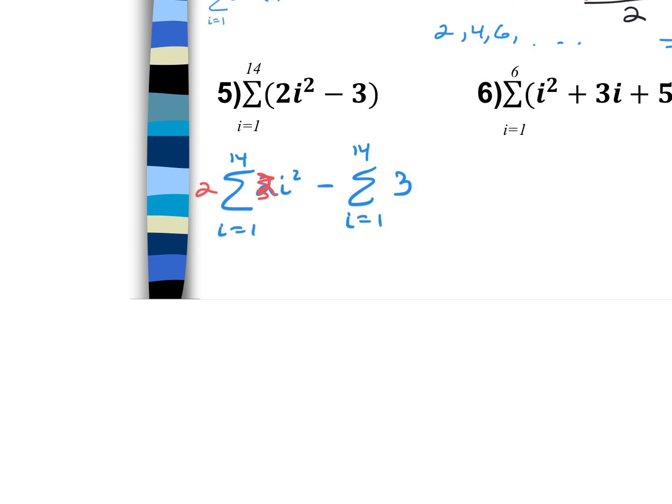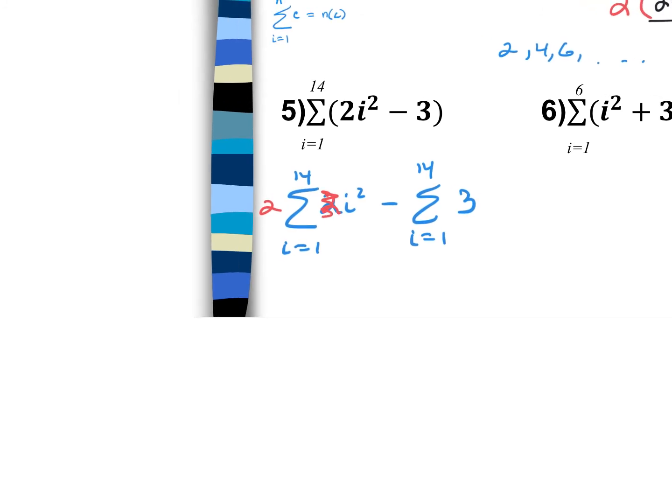So now I'm going to go ahead and use the summation notation rule for i squared. And remember, that's going to be n times n plus 1 times 2n plus 1 over 6.